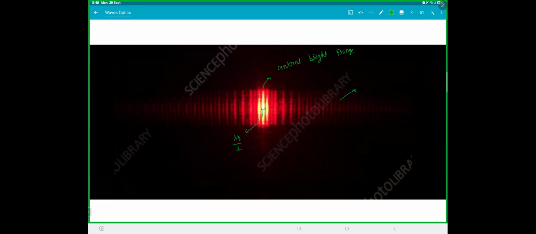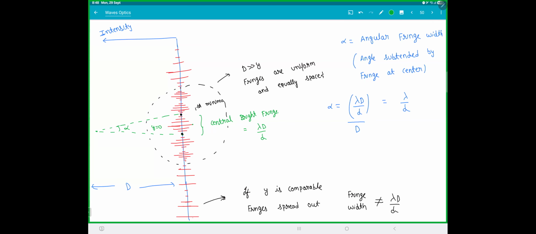And you can clearly see here the fringes spread out. In the middle, you can see the fringes are equally spaced, and as you go to the right, they start spreading out. This is how the pattern would look. You just start to rotate it. This is in the x-axis; I showed you in the y-axis. Angular fringe width.